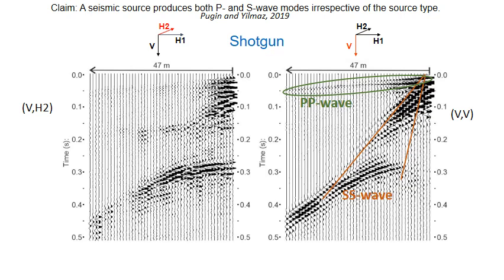The horizontal H2 receiver record to the left shows S reflection at the vertical of the source that can be called SH. A converted P to S reflection is also visible in this record. This confirms our claim that a seismic source produces both P and S wave modes irrespective of the source type.